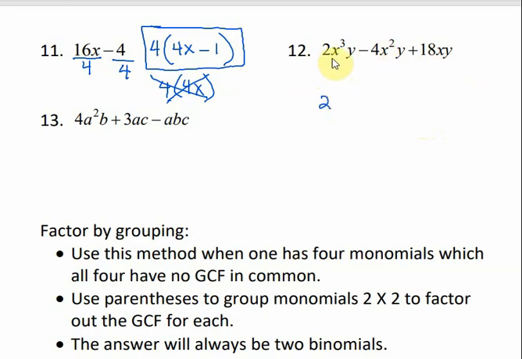Okay, and then there's an x to the third, x squared, and an x. So x, just an x. Then we have y, y, and y. All right, so a y. Now, if I divide this by 2xy, that leaves me with x squared.